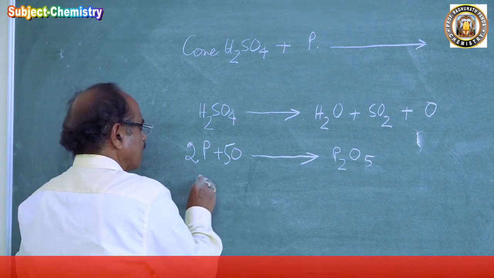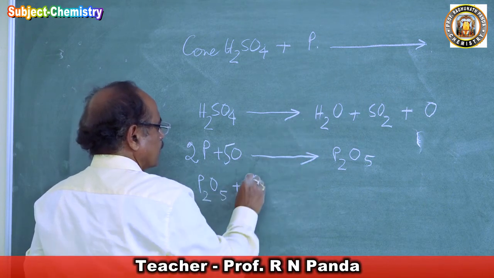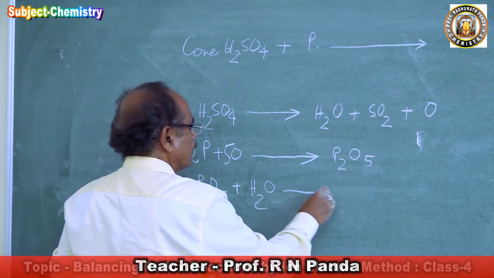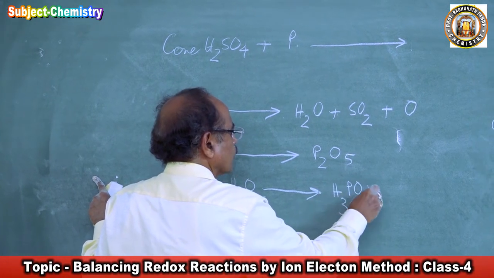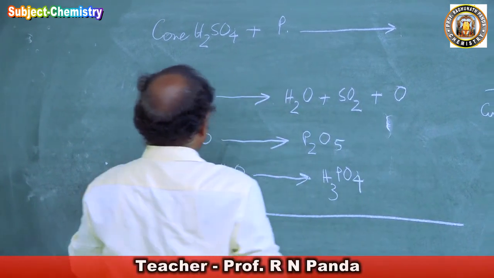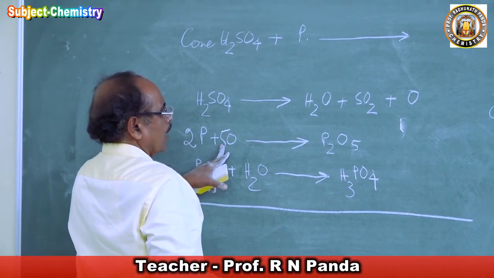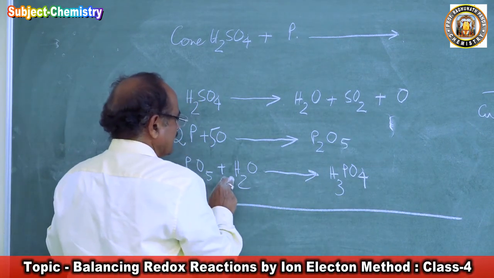Then P2O5 will react with the water present here to form phosphoric acid, H3PO4. Now we'll balance it. How many O? 5O here and 1O here. So we will balance this equation.